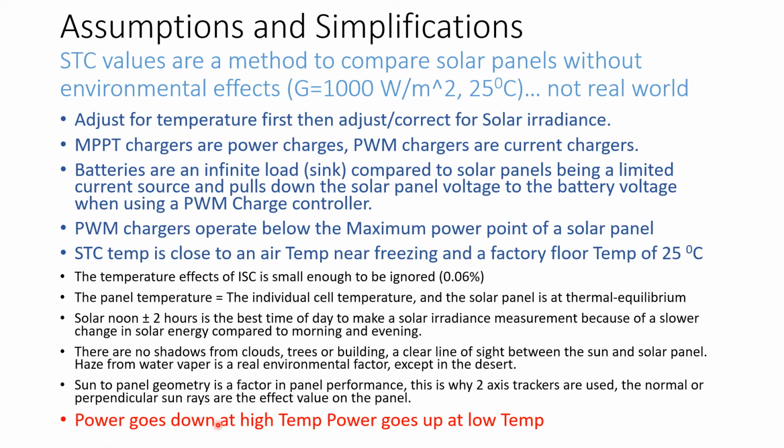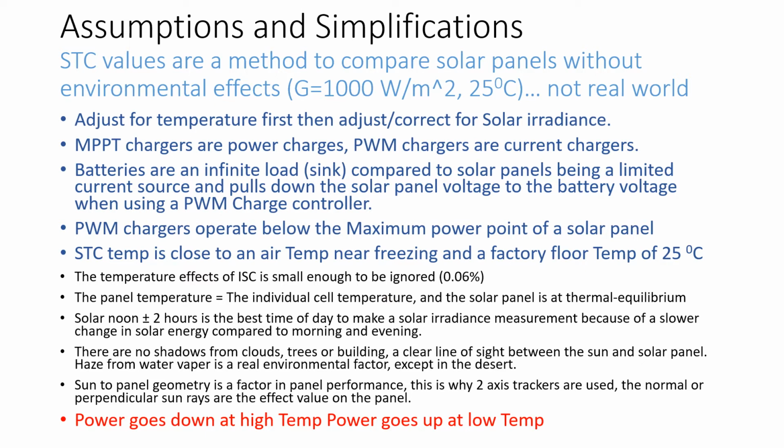All right, and here's the overdriving. Everything you do, every calculation you make, the power goes down at high temperature. Power goes up at low temperature. That's just for temperature. If the solar irradiance goes down, it can overwhelm the temperature effect.